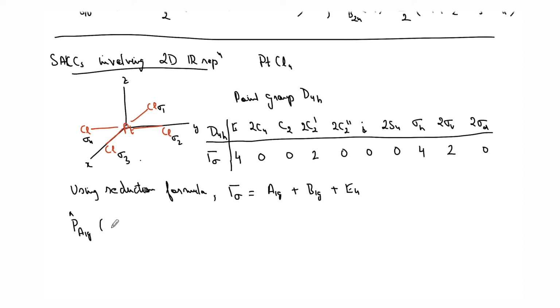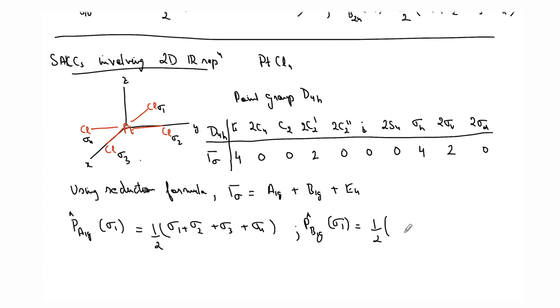A1g. So I apply A1g onto sigma 1, and the result is sigma 1 plus sigma 2 plus sigma 3 plus sigma 4. Of course you can normalize it to get a half over here. Similarly for B1g onto sigma 1, you get half, which is the normalization constant, times sigma 1 minus sigma 2 plus sigma 3 minus sigma 4.